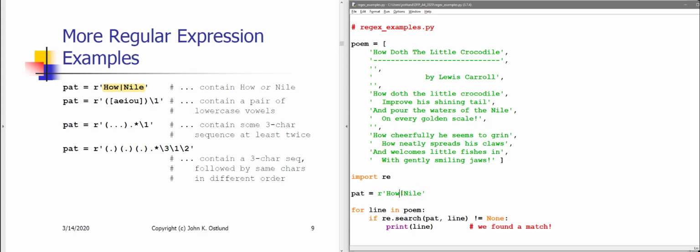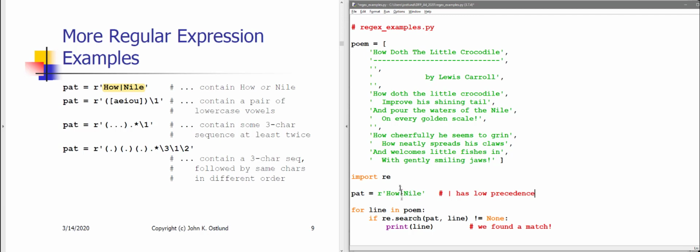I want to point out that the vertical bar here has low precedence. What it means is everything to its left or everything to its right.